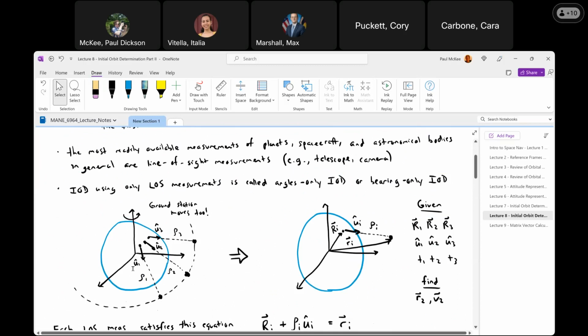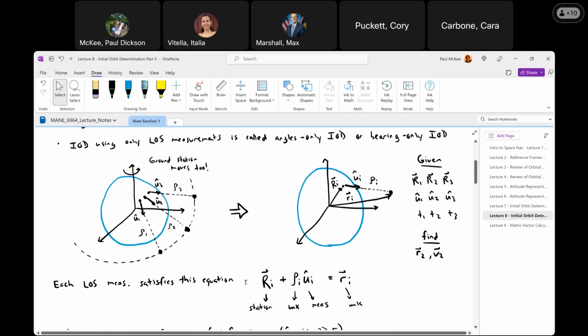This becomes clear if you start working through the equations. If you're standing on the equator and the spacecraft is perfectly orbiting the equator of the Earth, all of your measurements are going to be in the same plane. In that case, Gauss's method falls apart, and so does Gooding's method. It's a more general problem.